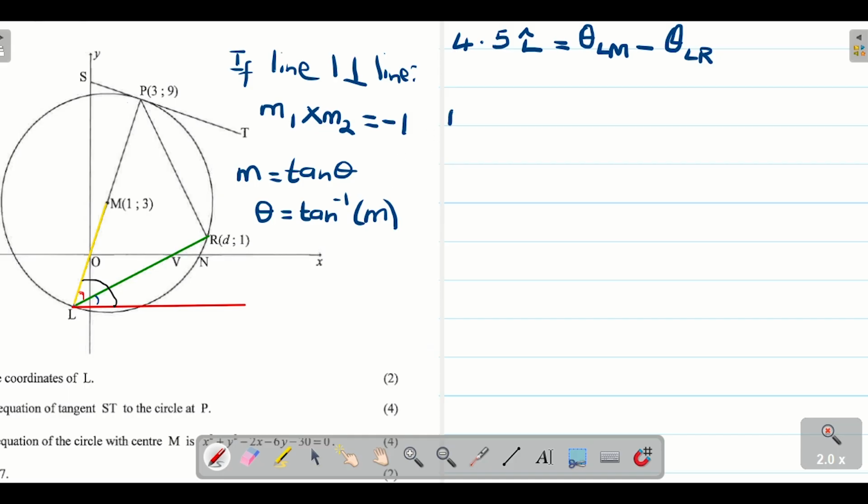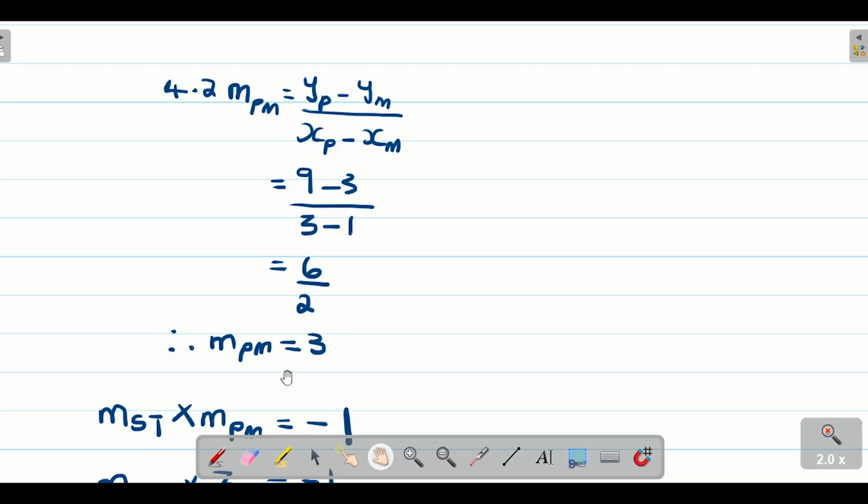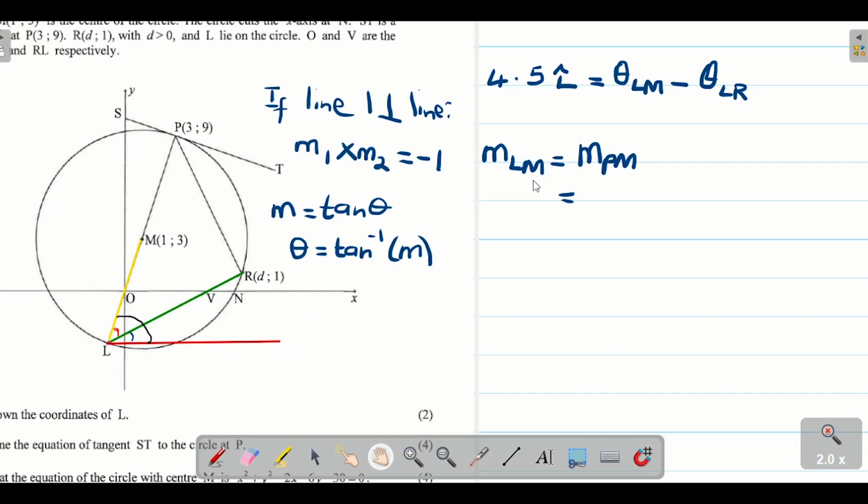LM is on the same line as PM, and we already found the gradient of PM in the previous questions. In 4.2 we found out that the gradient of PM is 3. Therefore, because PM and LM are the same line, the gradient of LM is the gradient of PM, which is 3.